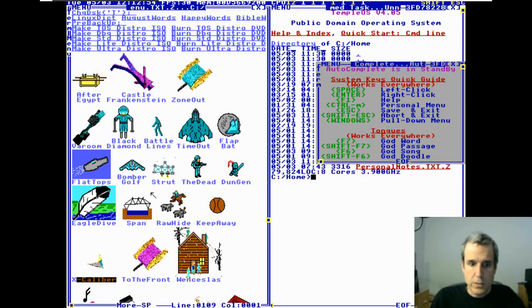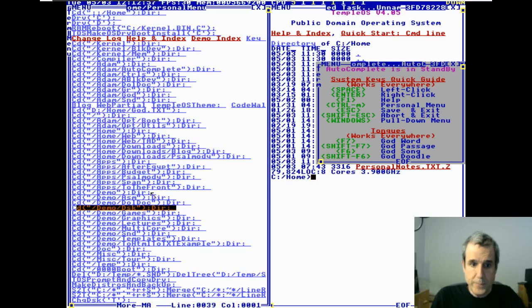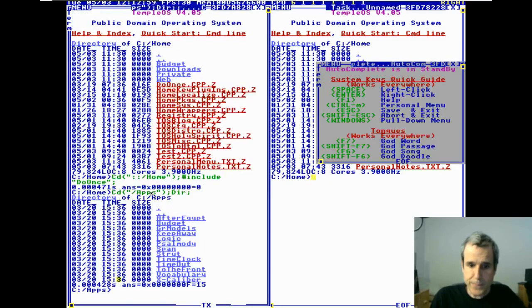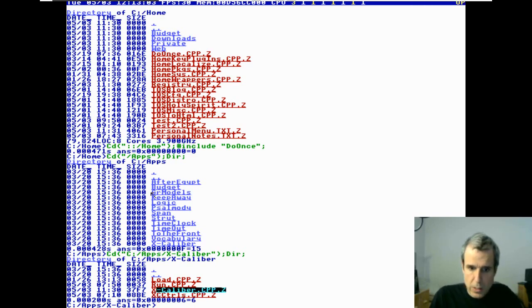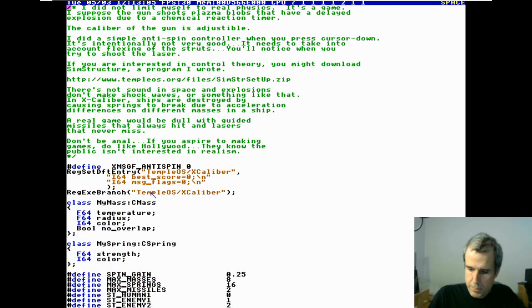Okay, so let's make the missiles guided. So how do we do that? Well, piece of cake.